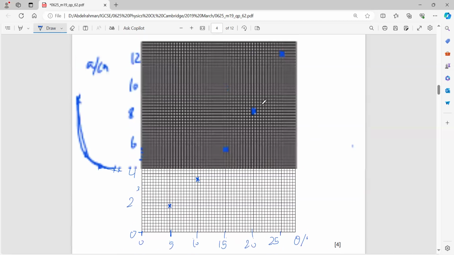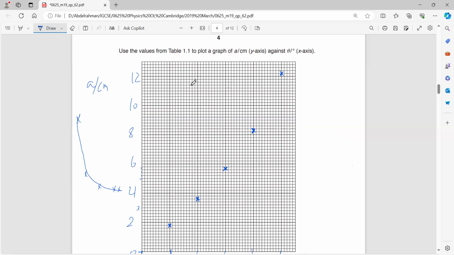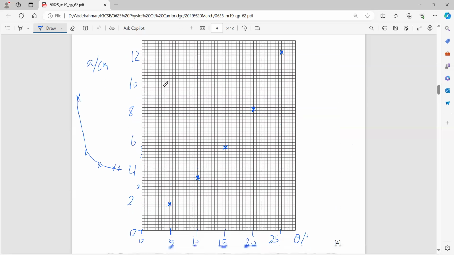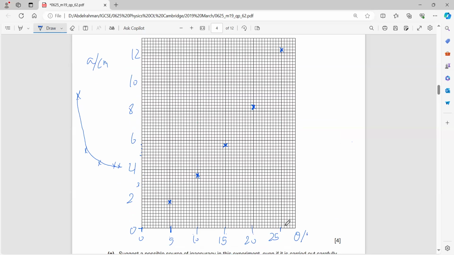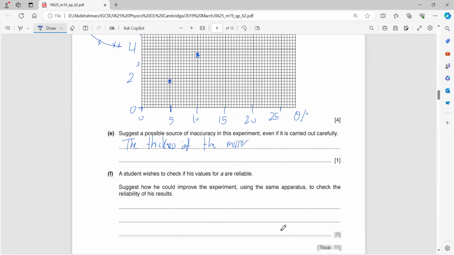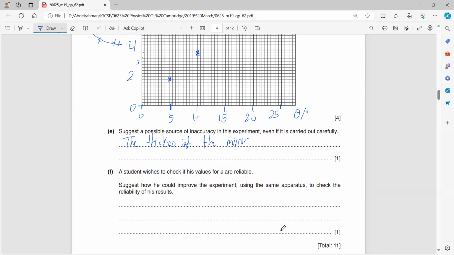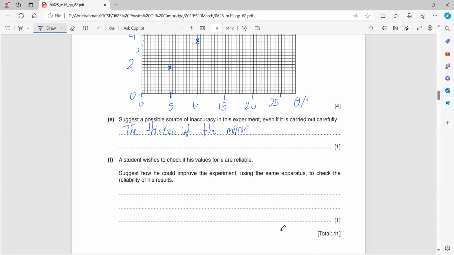For example, he would find that the last point, which is 12.2, is wrong. If he had repeated this experiment at 25 degrees and taken an average, he would have found that the measurement of A was wrong. So how would he obtain more reliable results?